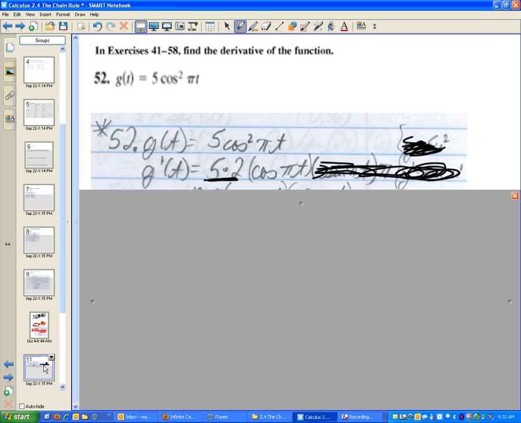Look, here's what we've got to do. We've got the cosine of pi t, and we're going to take its derivative. I have to chain rule that, because isn't that the derivative of the cosine of u? It is. It's not an x, it's not just a t, it's a pi t.